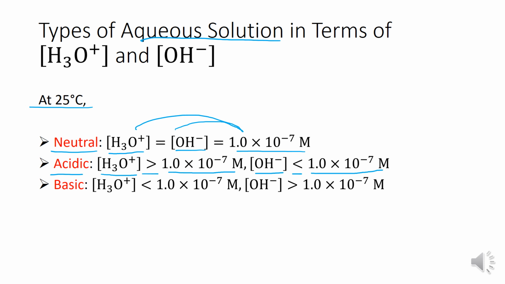So in this case, we have more hydronium ions. That's why the solution is acidic. On the other hand, for a basic solution, the hydronium ion concentration is less than 1 times 10 to the negative 7 molarity, while the hydroxide ion concentration is greater than 1 times 10 to the negative 7 molarity. So in this case, we have more hydroxide ions. That's why the solution is basic.